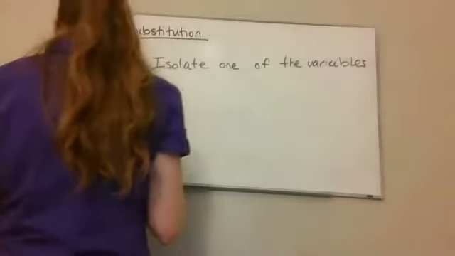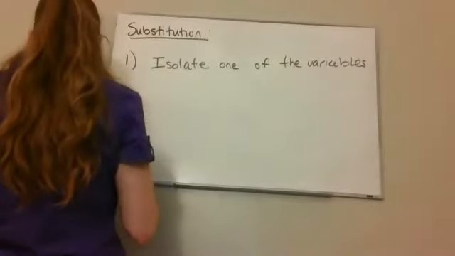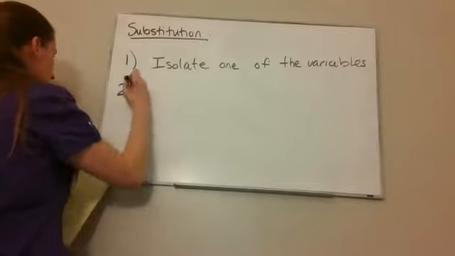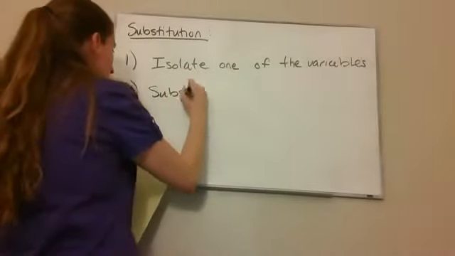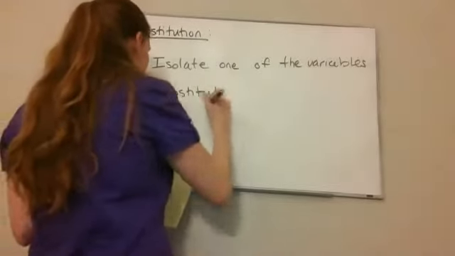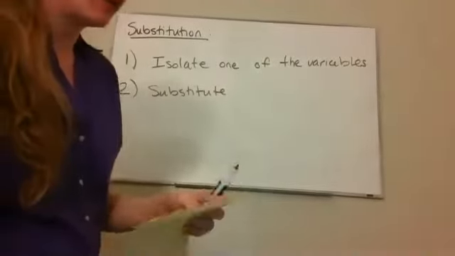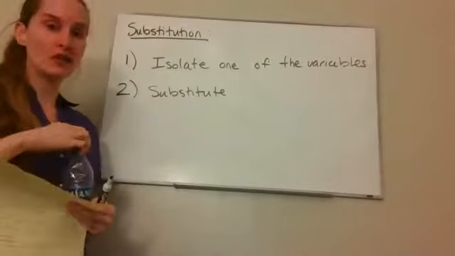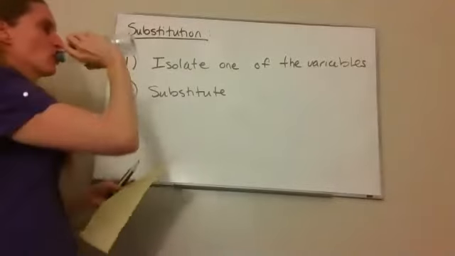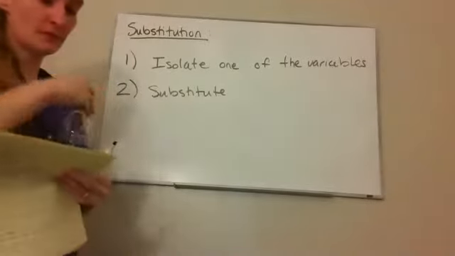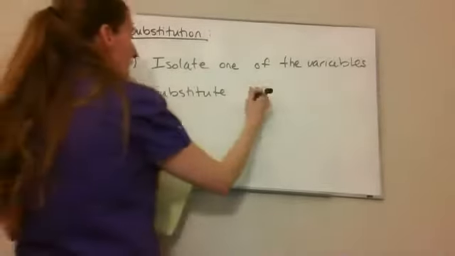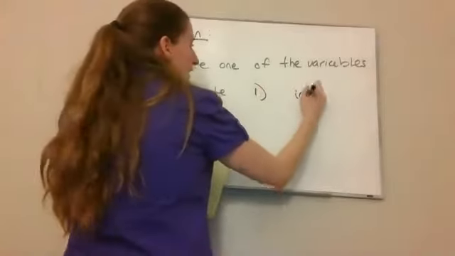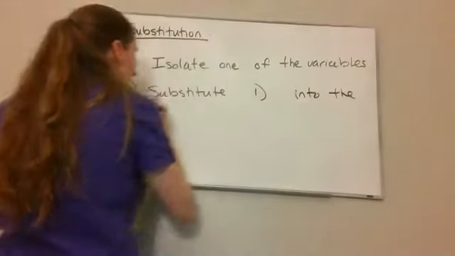It does not matter what variable you solve for. Then you're going to substitute that value into the other equation. So substitute the result from one into the other equation.